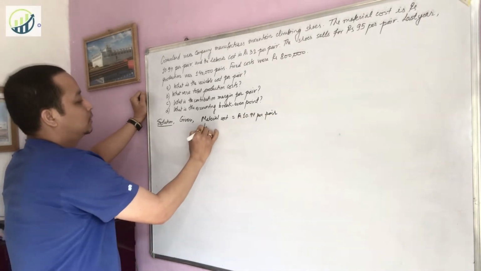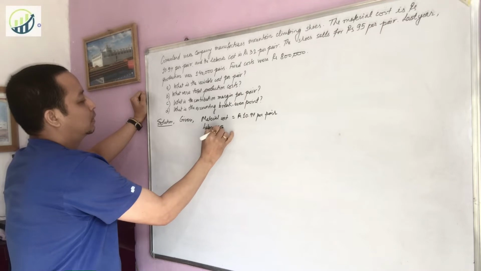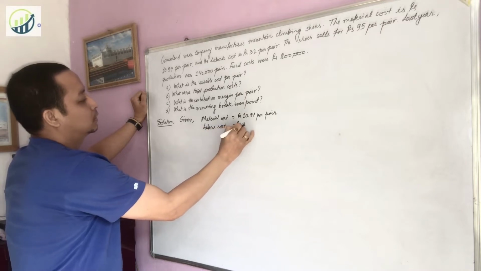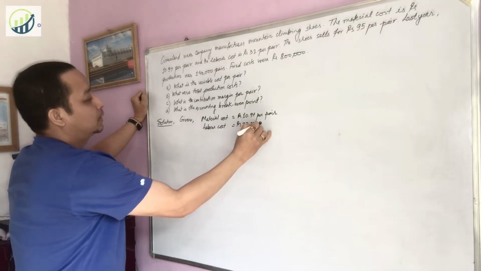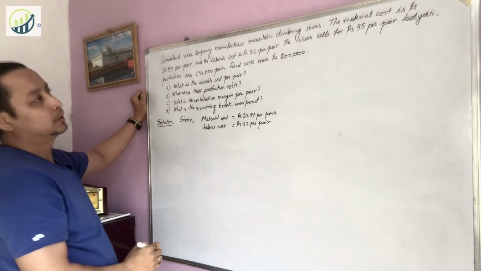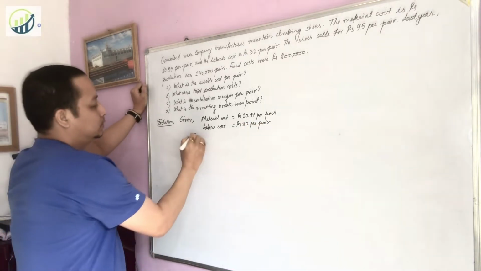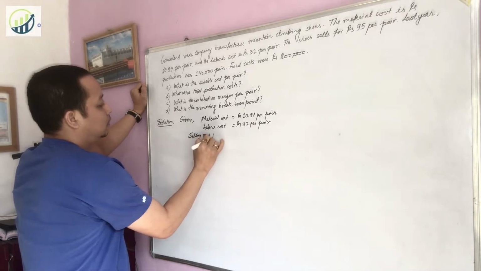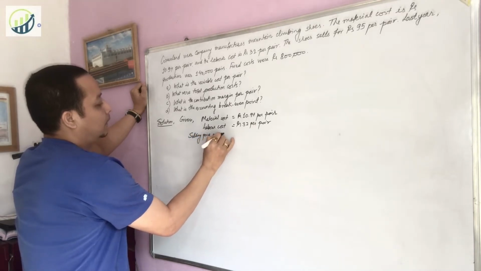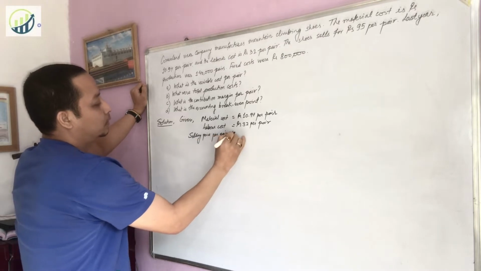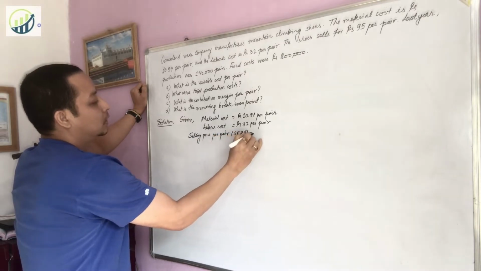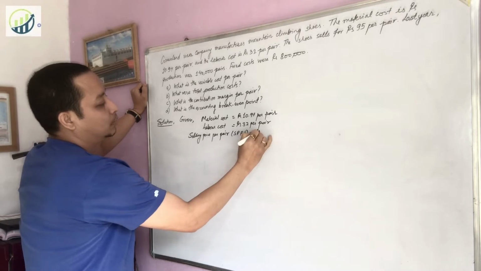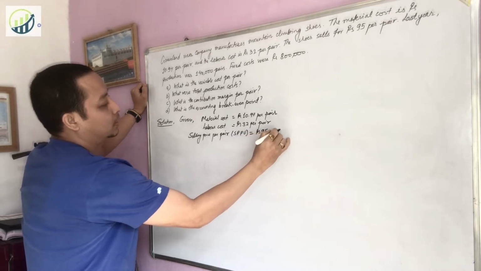Labor cost is given here, rupees 32 per pair. Selling price per unit is given here, selling price per pair or per unit, that is rupees 95 per pair.